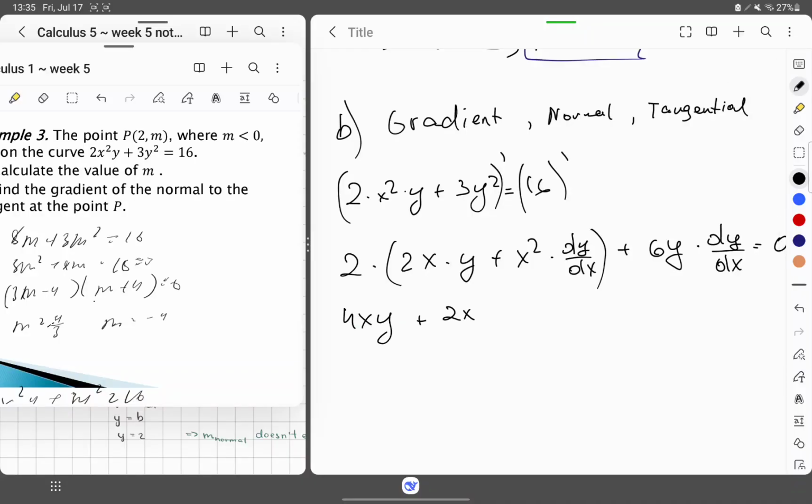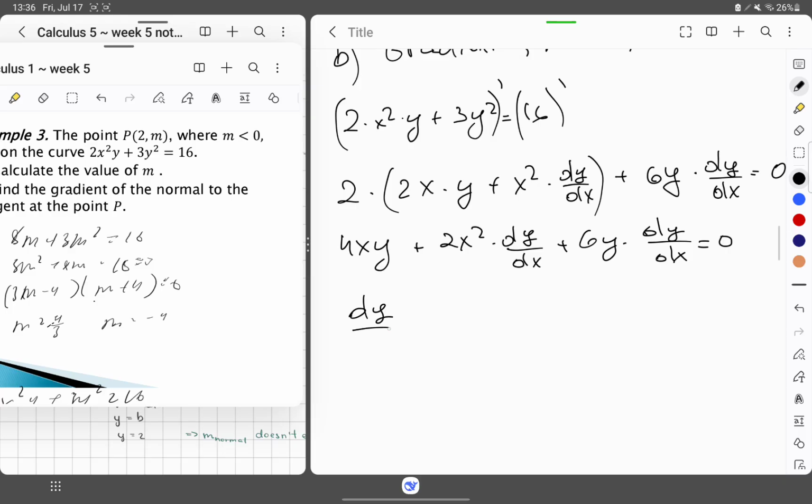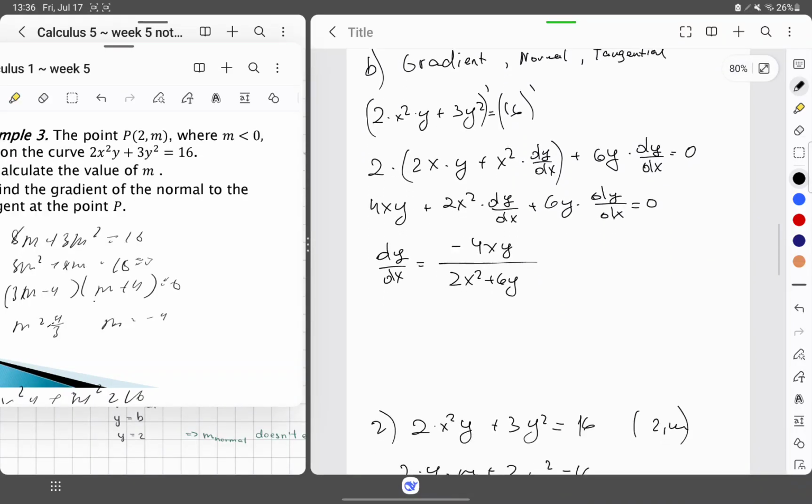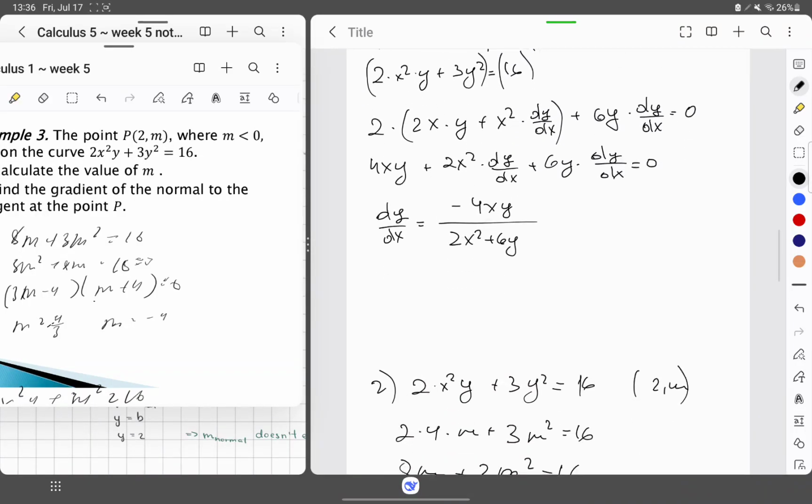4xy plus 2x squared dy/dx plus 6y times dy/dx will be 0. dy over dx is the common factor. So dy over dx is negative 4xy over 2x squared plus 6y. Okay, this is our dy over dx.